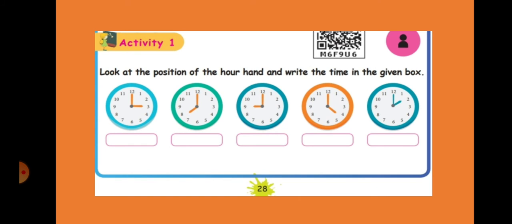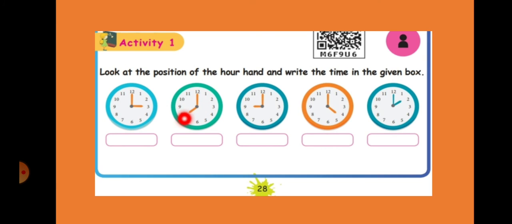Okay. See here, this is the position of the hour hand, and write the time in the given box. Can you tell me the answer for this one? This is 3 o'clock, right? The smaller hand is on 3 and the other is on 12. So 3 o'clock. Here 8.